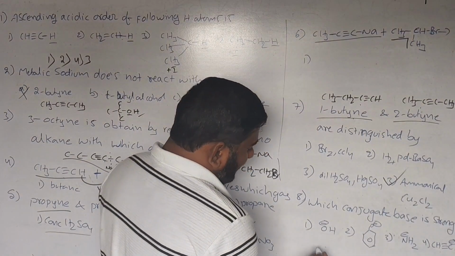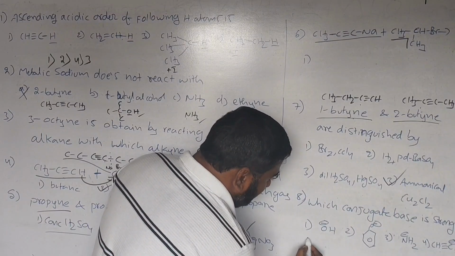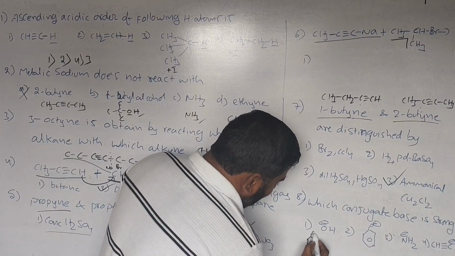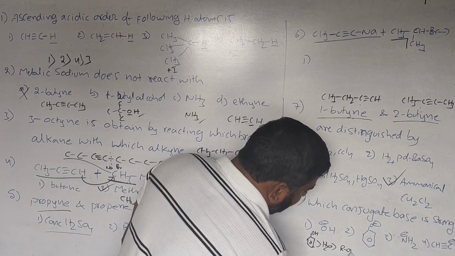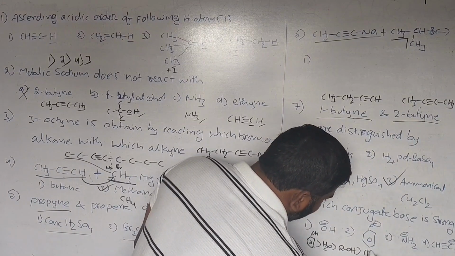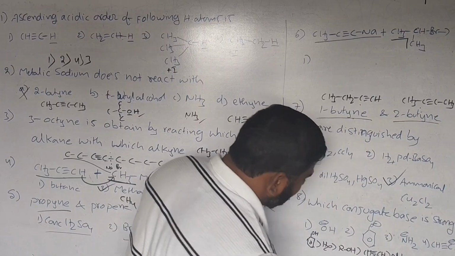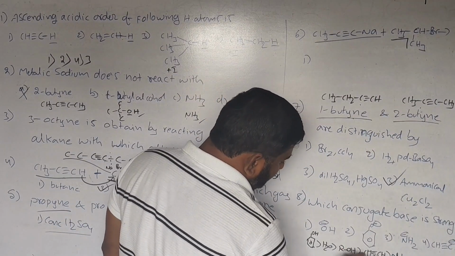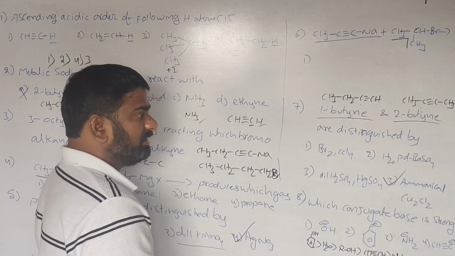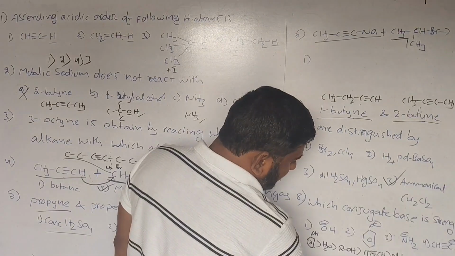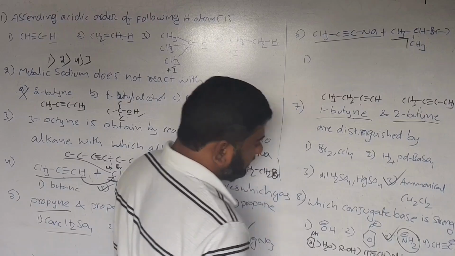Already I gave the acidic order of some compounds: phenol is more acidic than H2O, than alcohol, then alkyne, then NH3, then alkane. These are the conjugate bases of these compounds. If the acid is a weak acid, its conjugate base will be a strong base. Here NH3 is the weak acid, so its conjugate base NH2 minus is a strong base. So the third option is the correct answer.